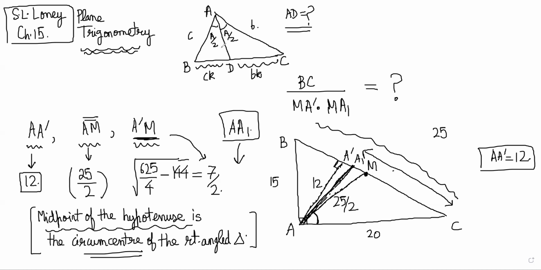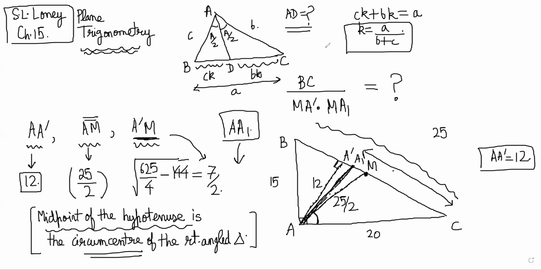That the angle bisector divides the opposite side in the ratio of the sides containing the angle, right? So I'm saying BD is to DC as c is to b. And therefore, since CK plus BK is equal to the overall side, this overall side was called a, so K is equal to a by b plus c.